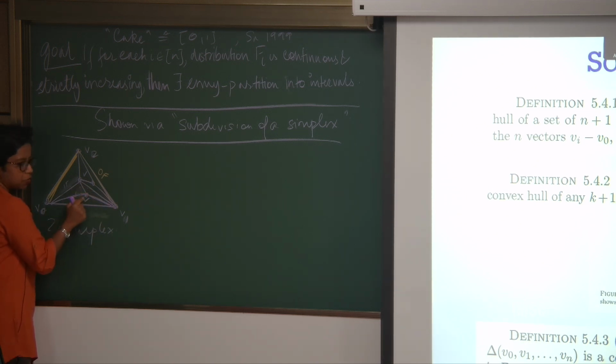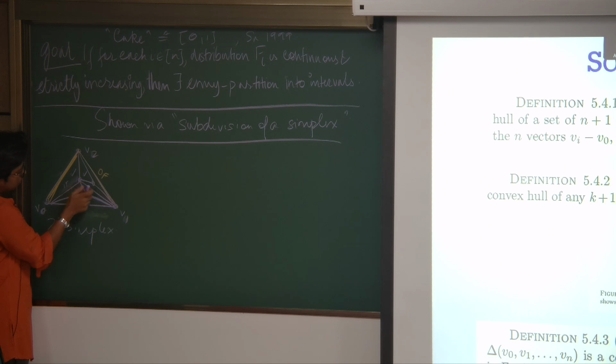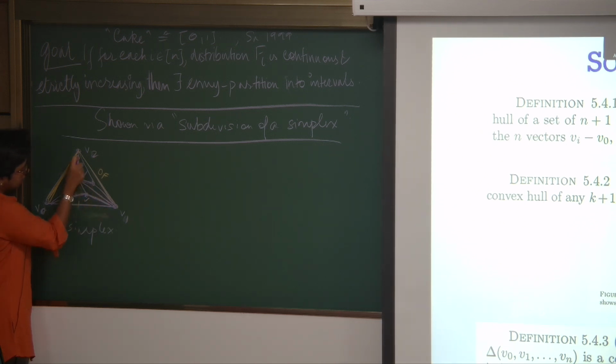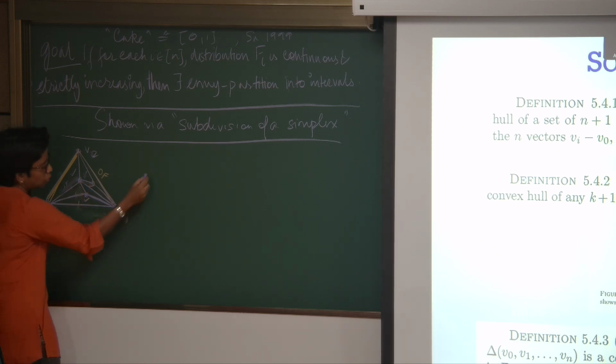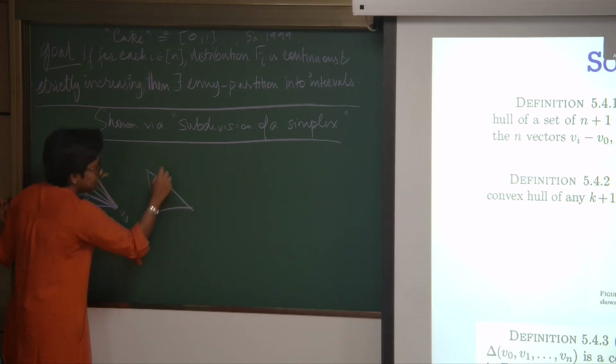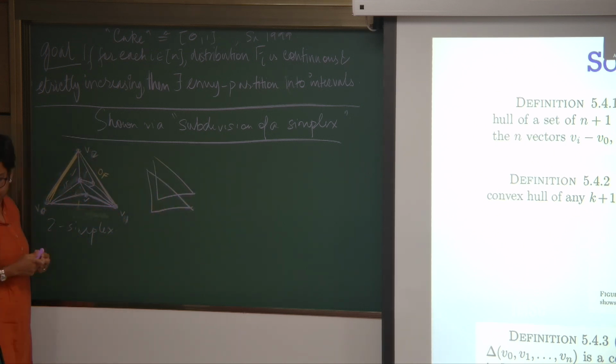A vertex is a 0-face. So, this and this triangle, for example, also share one edge. This tiny one and this one share a vertex. So, this is valid. What you do not have is a situation like this, which does not happen.